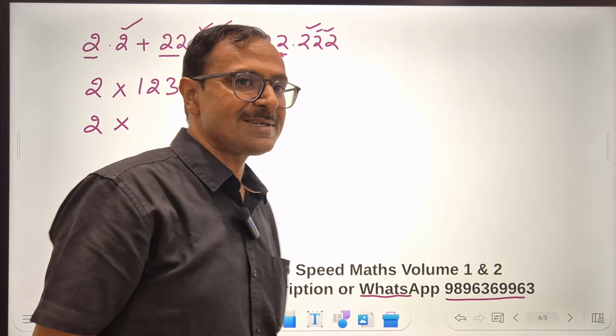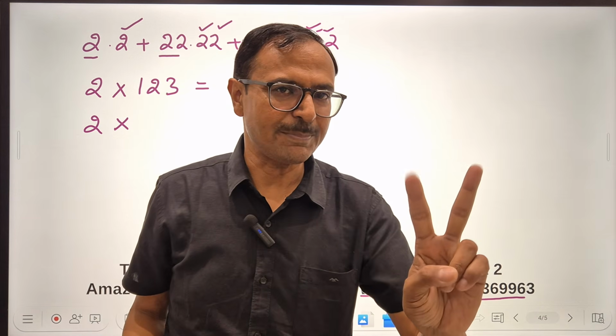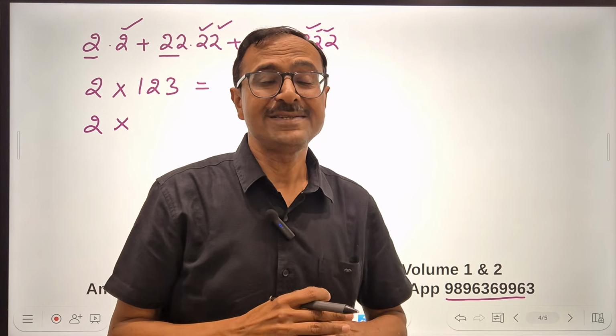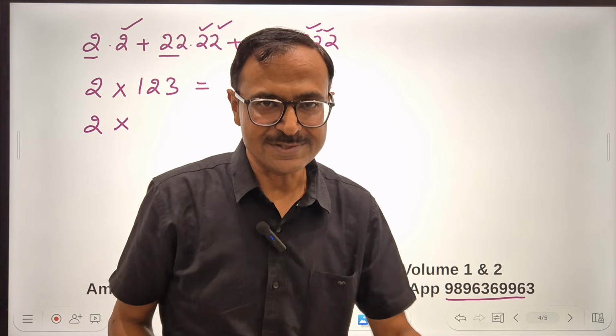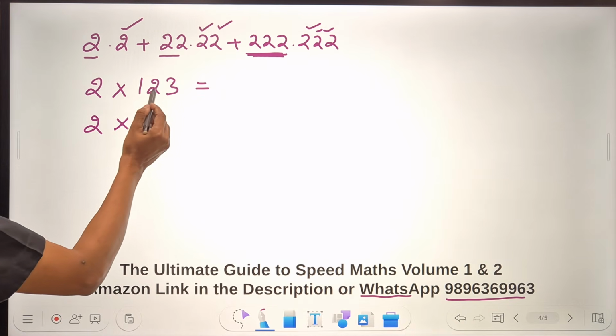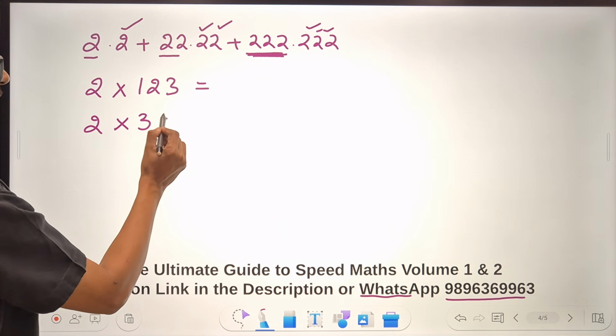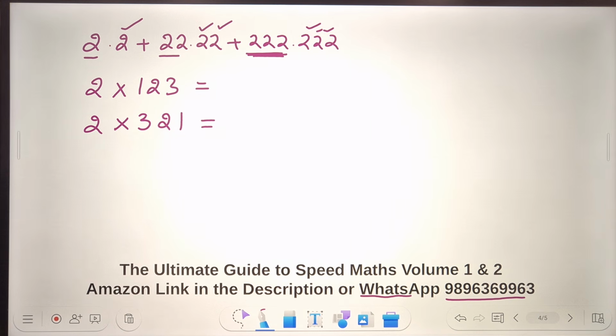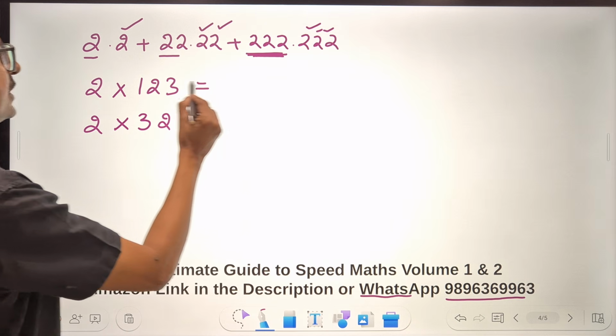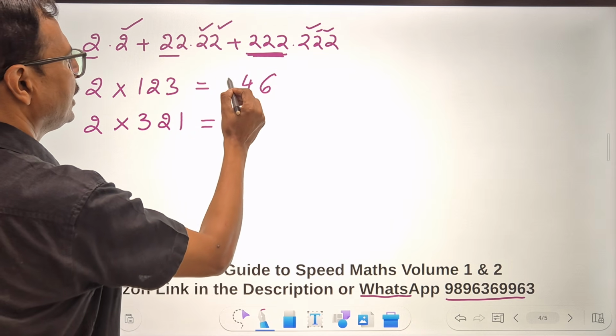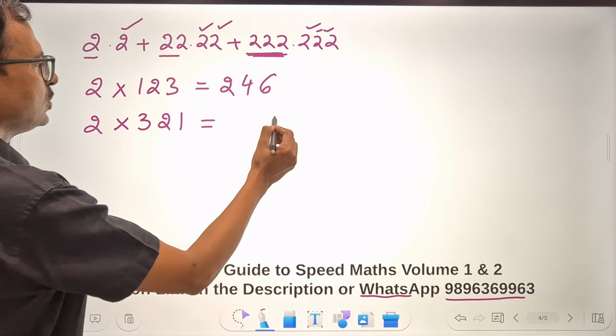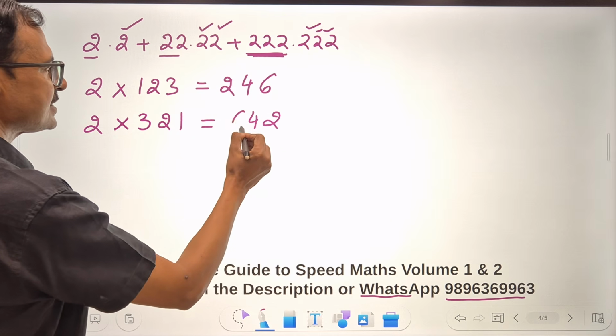But after the decimal, you have to do one extra step. What is that? Just multiply by the reverse. Now it is not going to be 1, 2, 3. It is going to be 3, 2, 1. Now what do you get here? 2 3's are 6, 2 2's are 4, and 2 1's are 2. And this is 2, this is 4, and this is 6.